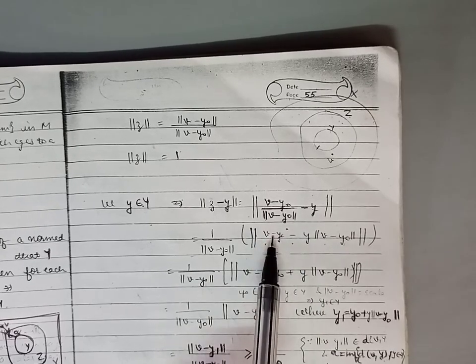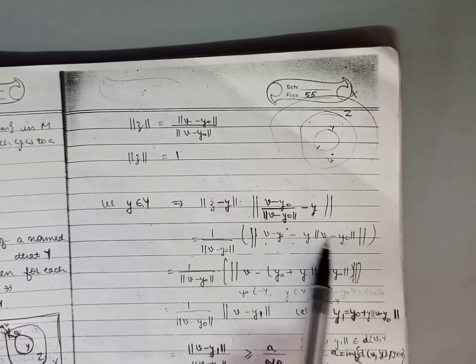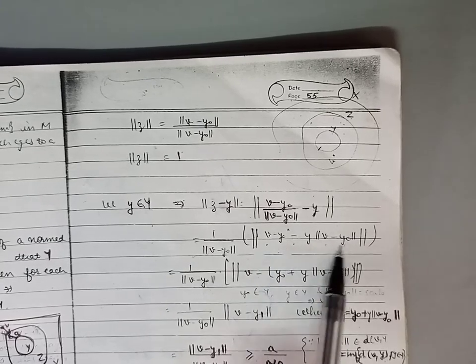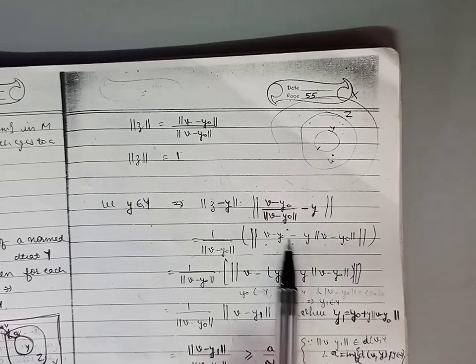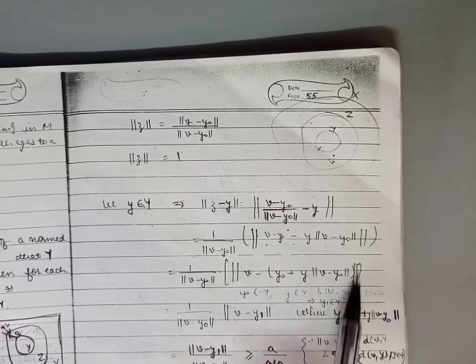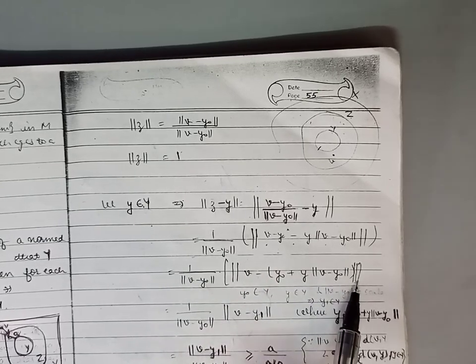Inside we get v minus y0 minus y times the norm of v minus y0. Now we can take minus common from this expression. Inside the norm we have v minus y0 plus y times the norm of v minus y0.